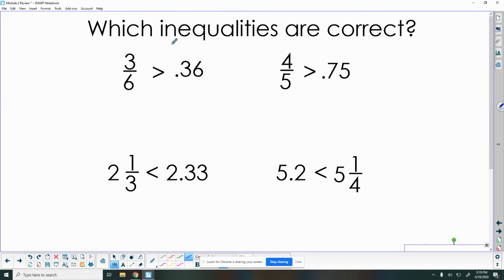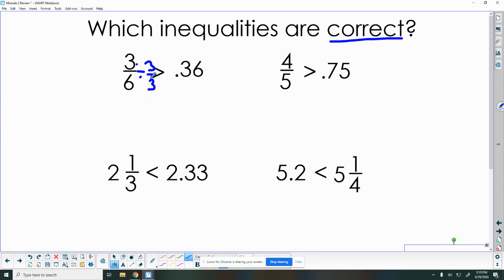Okay, number 8 asks which inequalities are correct. So we need to look through all of them to see. So here we have 36 hundredths, like 36 cents. And this one we have 3/6. I know that I can divide 3 and 6 by 3.